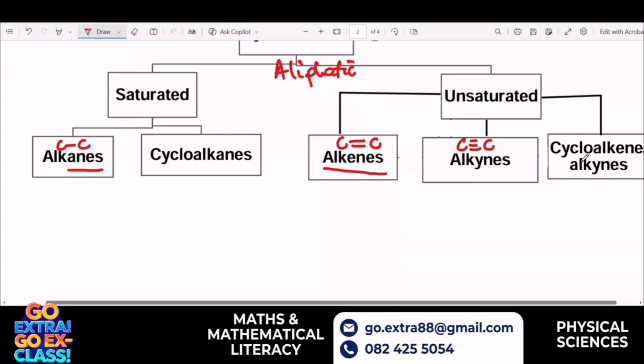We also have the cyclo ones, from cyclic, so cycloalkenes and cycloalkynes. They have a double bond or a triple bond, but they form a second chain around. We're not going to focus on these, and cycloalkenes are not going to be assessed for grade 12. So the ones we want to focus on are those with single bonds, double bonds, and triple bonds.